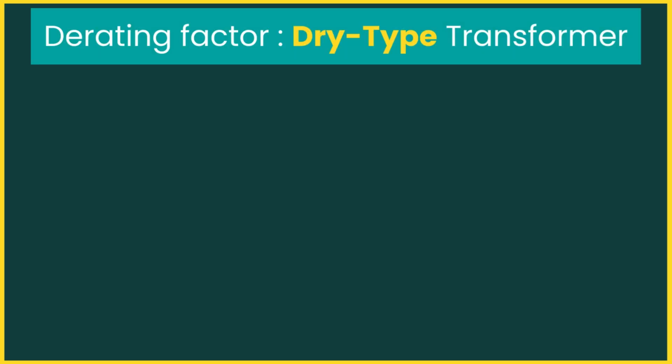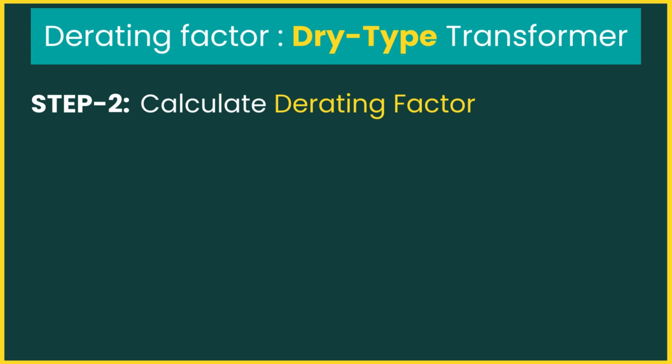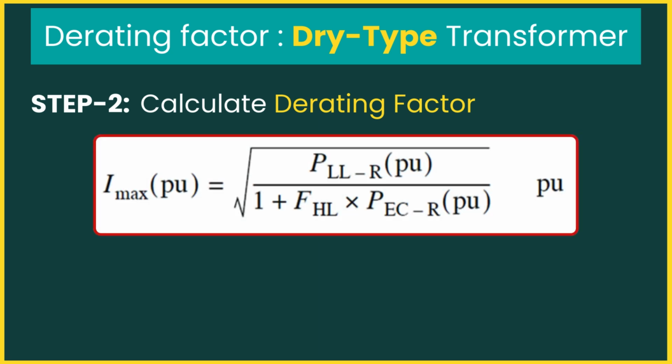Now we move to the final step. The derating factor, or in other words, the maximum permissible non-sinusoidal load current for this harmonic composition, is calculated using this equation. Here, Imax per unit is the maximum continuous load current, expressed in per unit. PLLR is the per unit load loss at rated conditions. PECR is the per unit winding eddy current loss at rated conditions.